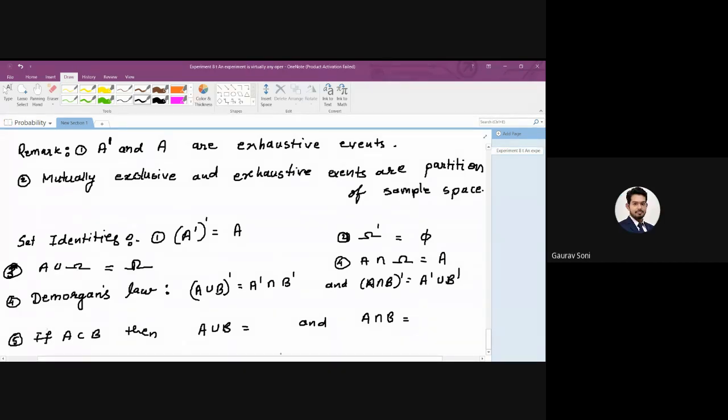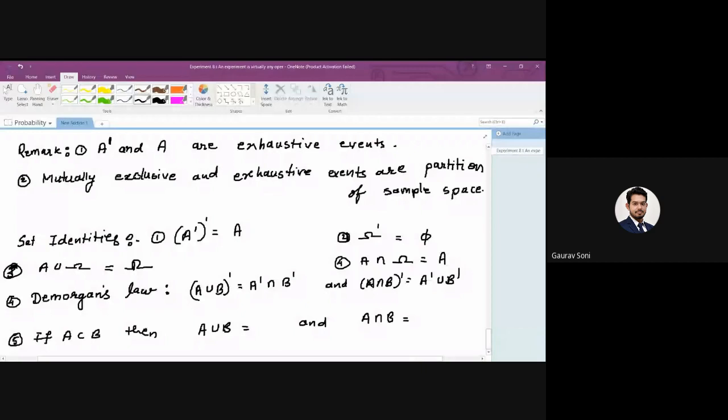Okay. The last one is simple, I guess. If A is a subset of B, then A union B is B and A intersection B is A.